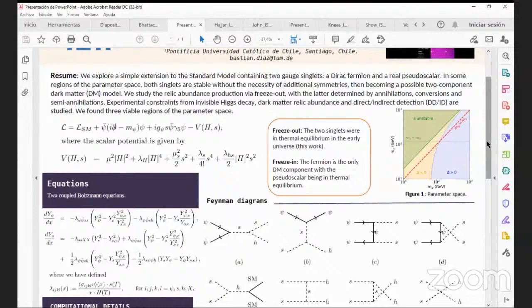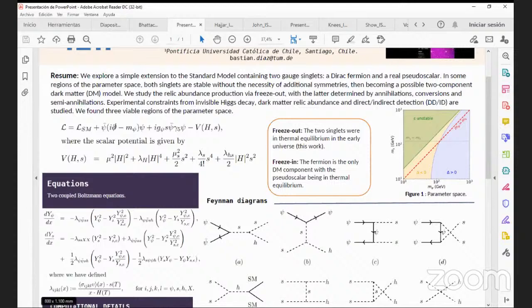For instance, the green region is not possible because that means the pseudoscalar would have a mass above twice the fermion mass. In that case, the pseudoscalar will decay into 2 fermions. So we explore all the rest of the region, which is not green. Below, you can see the Feynman diagrams.